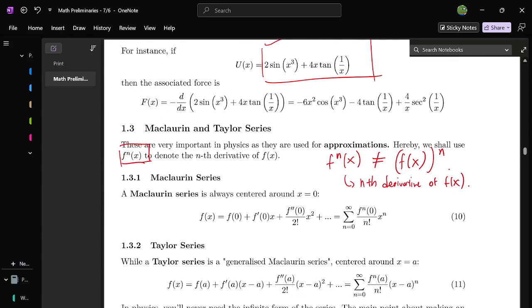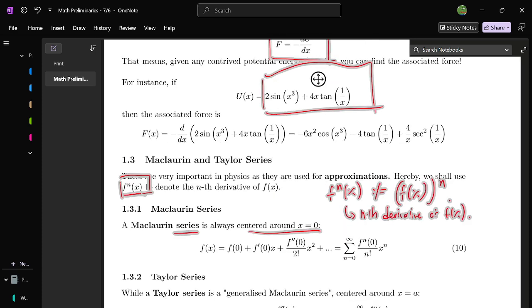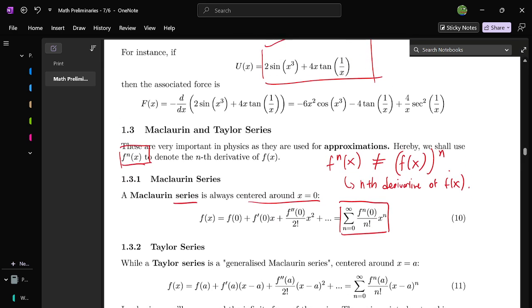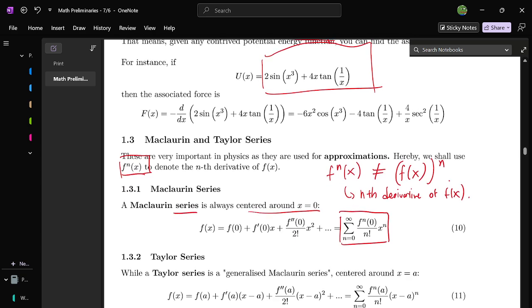Okay. So the first thing is the Maclaurin series. This is a series that's always centered around x equals 0. This is the general series, and the general term is given as such. So what this means is that if you want to expand any function, you want to find this Maclaurin series up to the nth power of x.